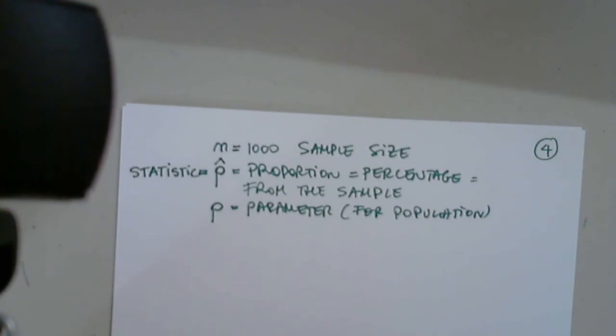The sample is 1,000. Out of 1,000, 500 said yes and 500 said no. So yes, the correct answer is A. Do we understand the analysis here? Yes. Any questions on this analysis before we look at part B?